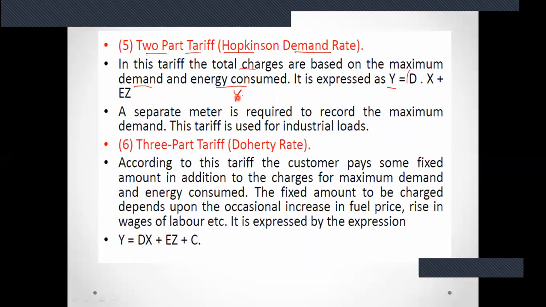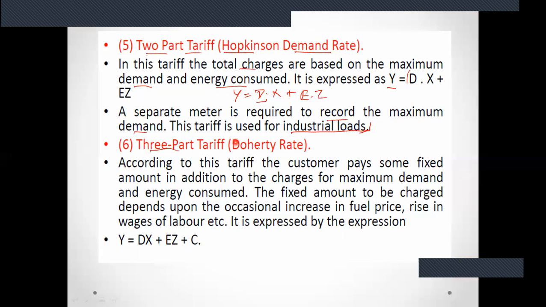Two-part means we use both the power and the energy consumption, where the maximum demand is X and the energy consumption is Z. A separate meter is required to record the maximum demand, since this tariff method is used for industrial loads.